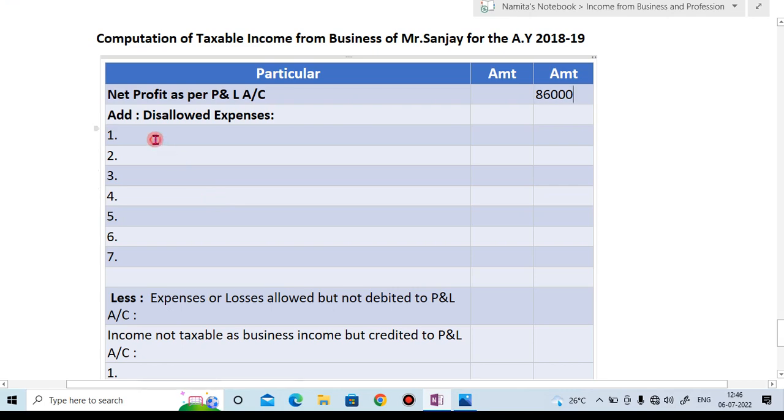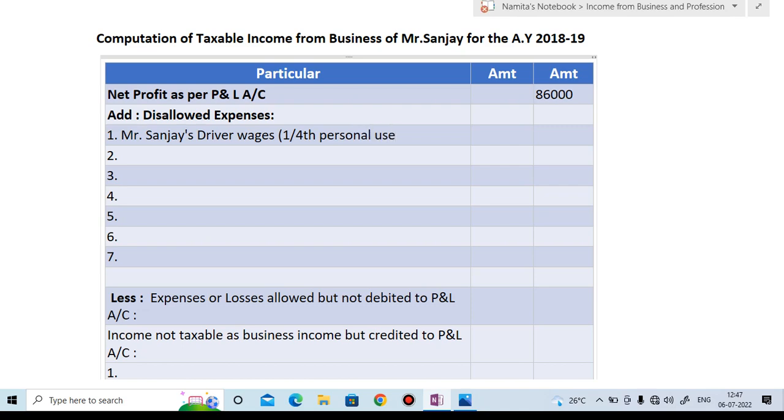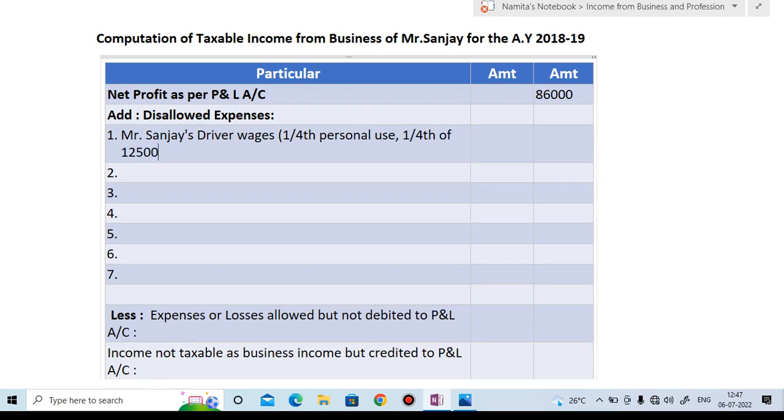So first thing in disallowed expenses: Mr. Sanjay's driver wages, 1/4 is used for personal, that is 1/4 of 12,500.